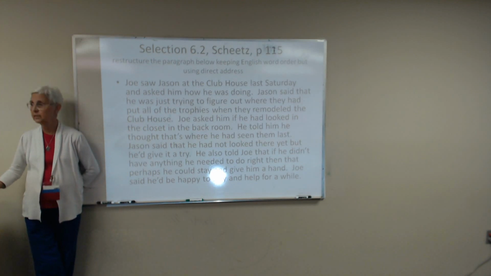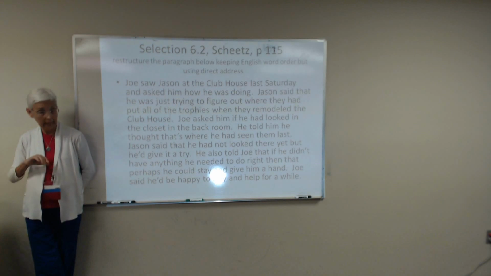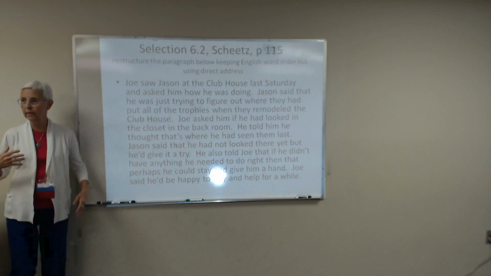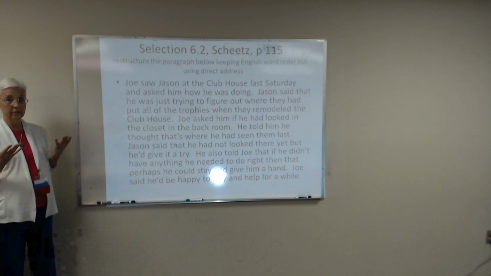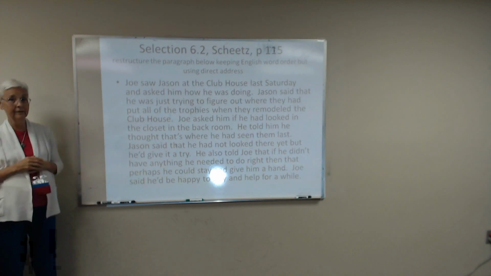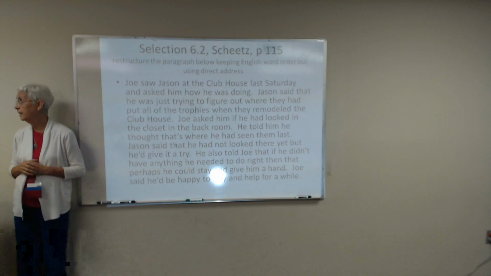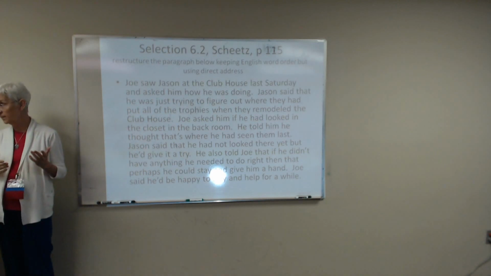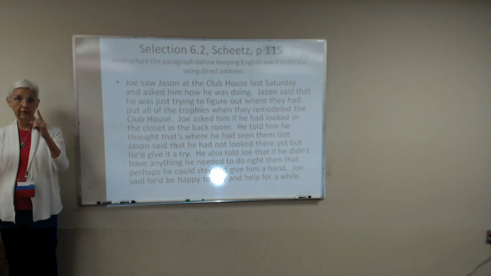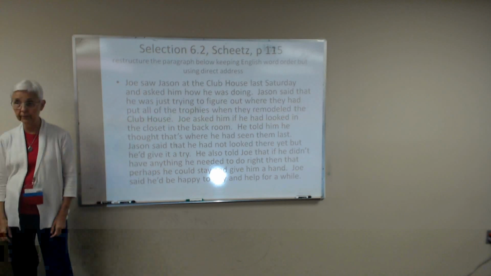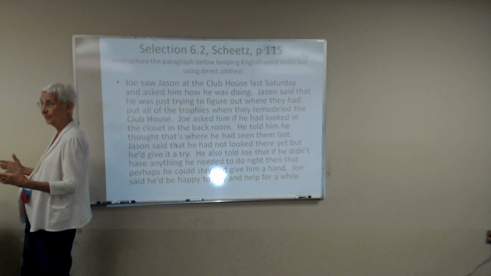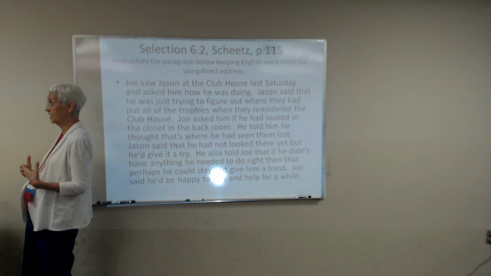So how do you change that to direct address? You become Joe, and you just sign, how are you? And then when Jason said that, that whole thing right there becomes he. That's how you do it, shift back into becoming Jason.